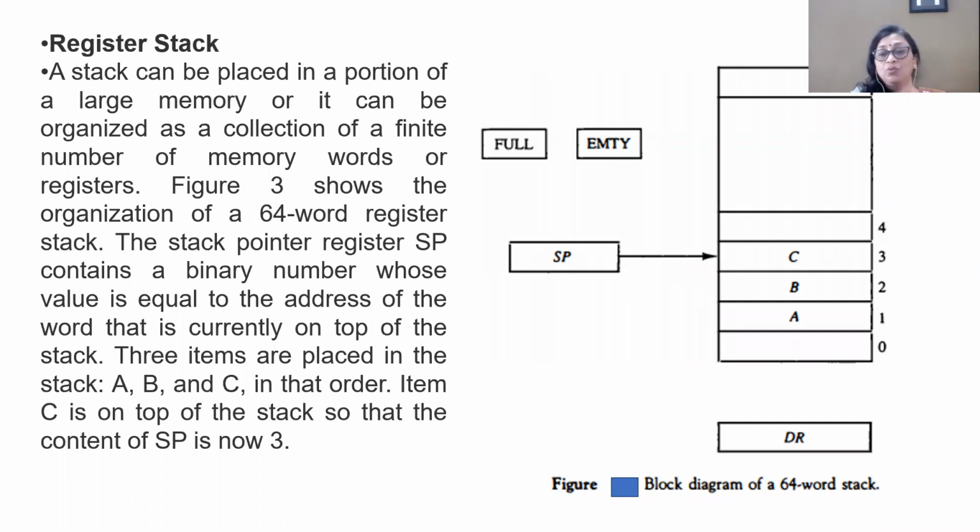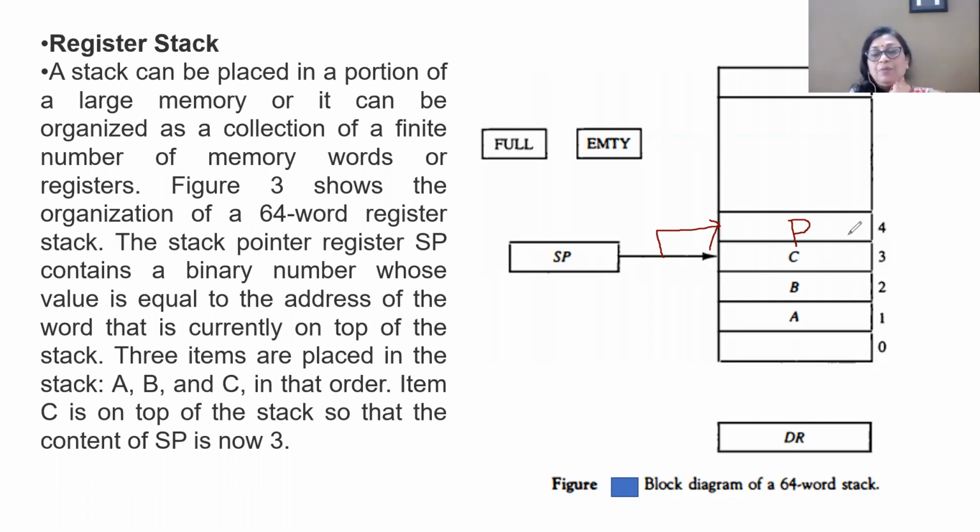Suppose we want to add element D, we are going to add this D at address 4. So initially your stack pointer must be incremented by 1, so it points to address 4, and then the push operation must be carried out. That is, the element must be inserted onto the top of the stack, at a place equal to 4.